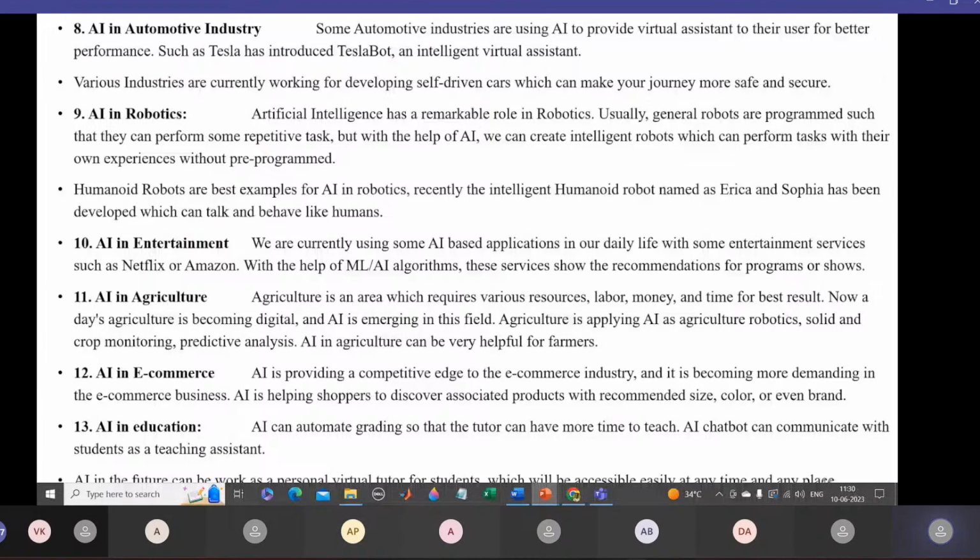Now they have intelligent humanoid robots. Erica and Sophia have been developed, which can talk and behave like humans. And we have AI in entertainment, agriculture, e-commerce, and education.